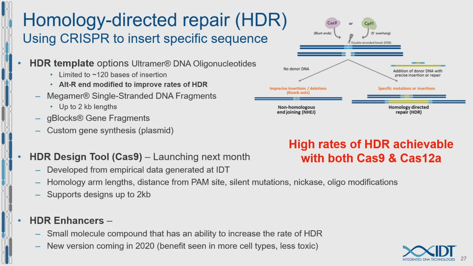So to touch on all of this, we've got several different options to support you along the way of doing HDR. And we provide Ultramer templates, which I know Bob had on one of his first slides, but this is going to be a 200 base high quality DNA oligo that allows you to insert up to 120 bases of material with those homology arms that you're going to need.